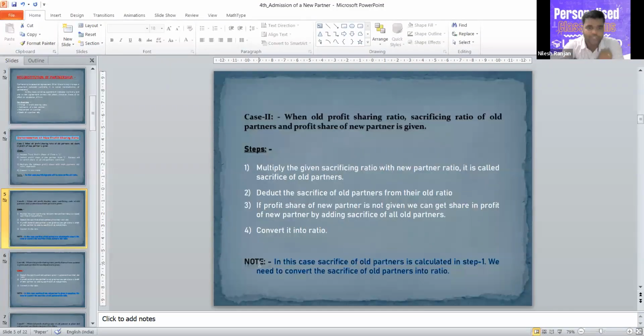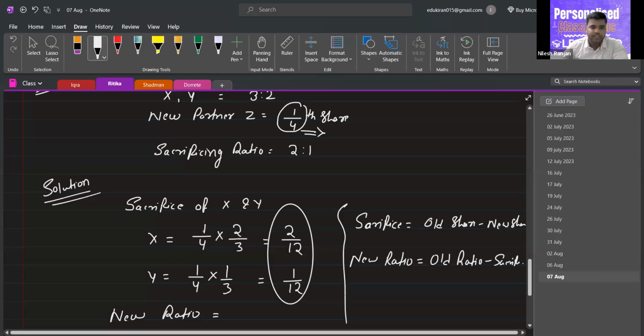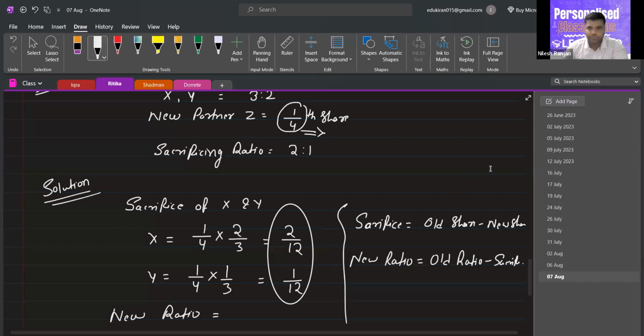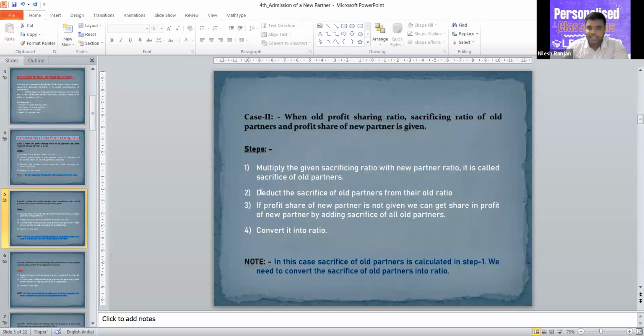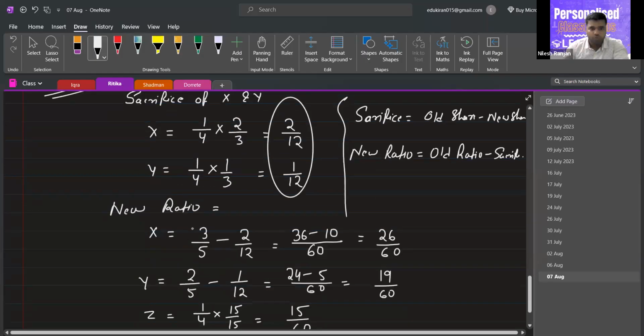Now you can see the steps here. Multiply the given sacrificing ratio with the new partner ratio, which we have done here. We have multiplied his new ratio with the sacrificing ratio. It is called sacrifice of old partners. Now deduct the sacrifice of old partners from their old ratio. We have deducted it from their old profit share, 3 by 5 minus 2 by 12.